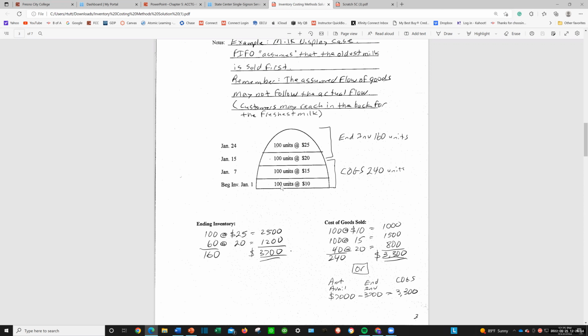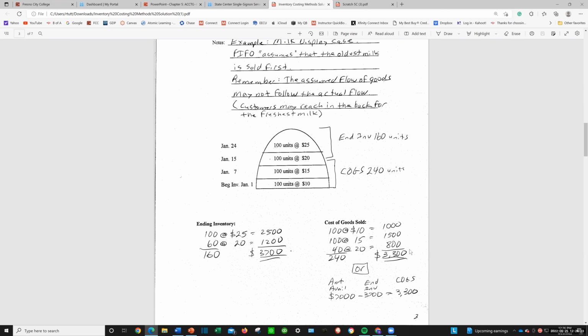So 200 of these at 10, 100 of these at 10, 100 of these at 15. Now we're up to 200. We need 40 more. So 40 of these at 20 go here.